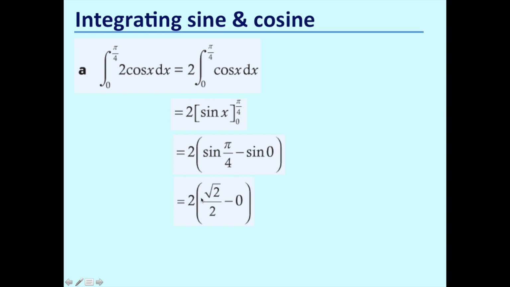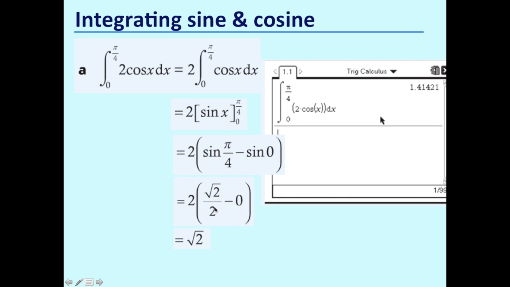And if we multiply that up, we're going to get 2 times root 2 over 2 if we've rationalized the denominator. And then if we expand that out, that's going to give us root 2, or it will give us 2 over root 2 if we hadn't rationalized the denominator. We can check that on our calculator. Just literally plug in all the numbers into the Trig calculus facility on the calculator.